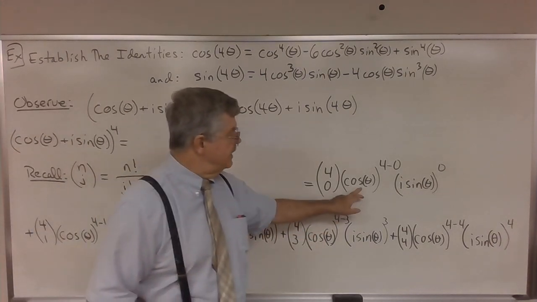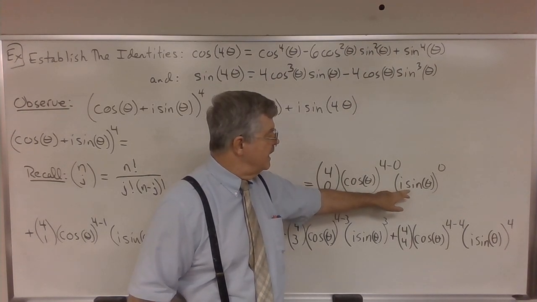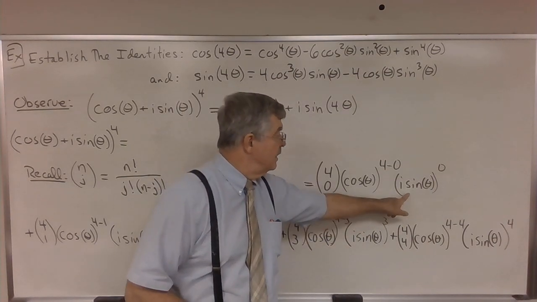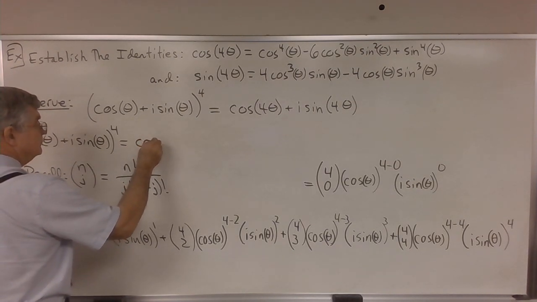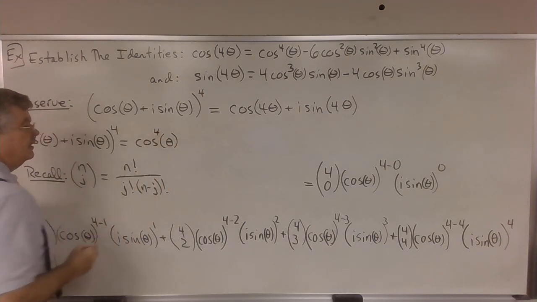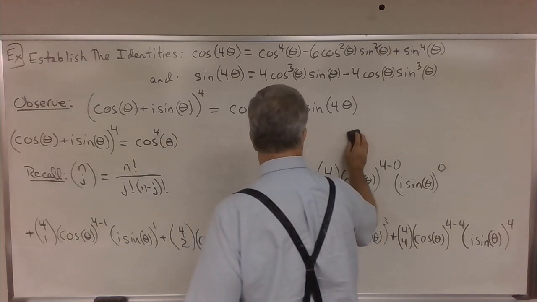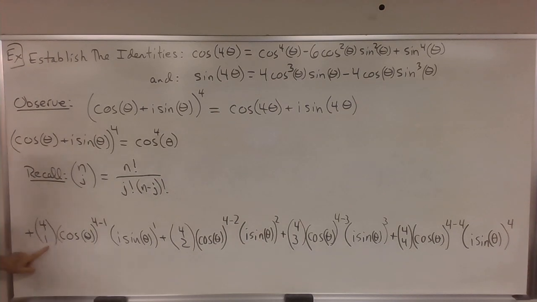For 4 choose 0, that's going to turn out to be 1. And we have cosine theta to the 4th, i sine theta to the 0. So i sine theta to the 0 is 1. So we have 1, 1, and cosine to the 4th. Next term, we have 4 choose 1.